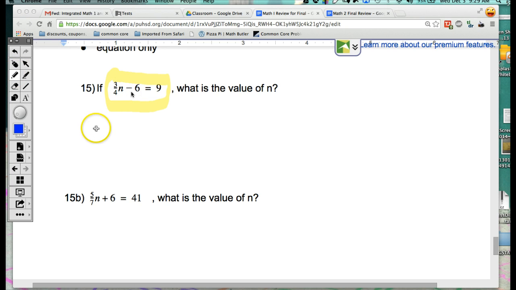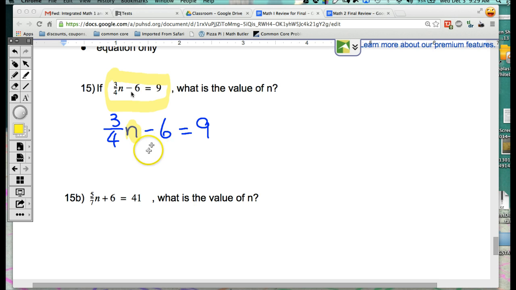Today, let me just go ahead and write this bigger for you. It's 3 over 4n. I don't know if you remember, but yesterday you had a question that kind of sort of looked like this, right? And what you gotta do right now is you gotta isolate the n, right? So there you go. So next to n, we have 3 over 4, and we have negative 6.